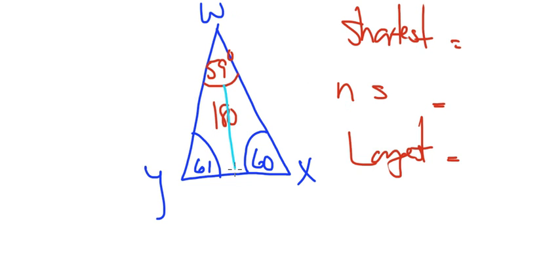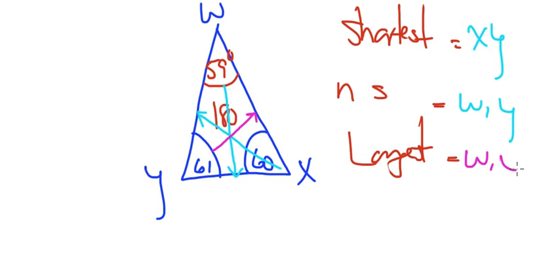It's going to be exposed to or opening up to the smallest side, which happens to be XY. And then the next smallest angle is going to be opening up to the next smallest side, which would be WY. And then lastly, my largest angle is going to be opening up to the longest line, which would be YX.